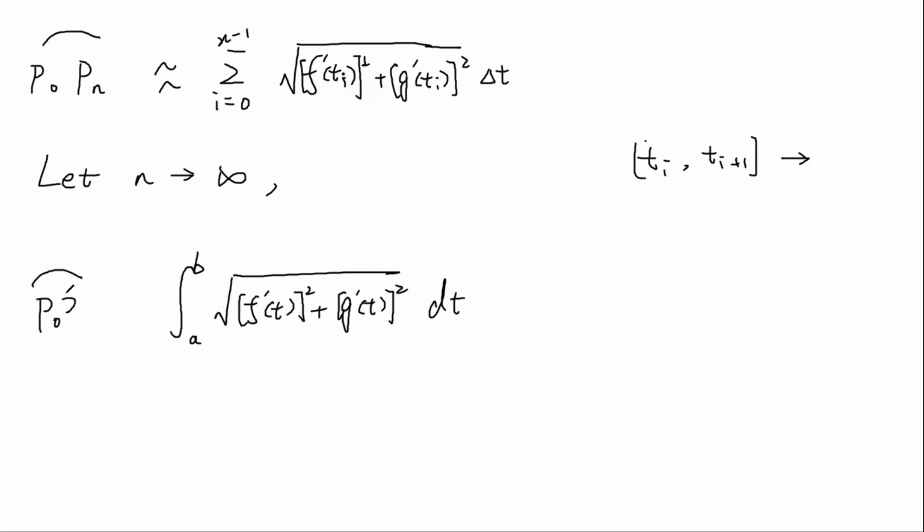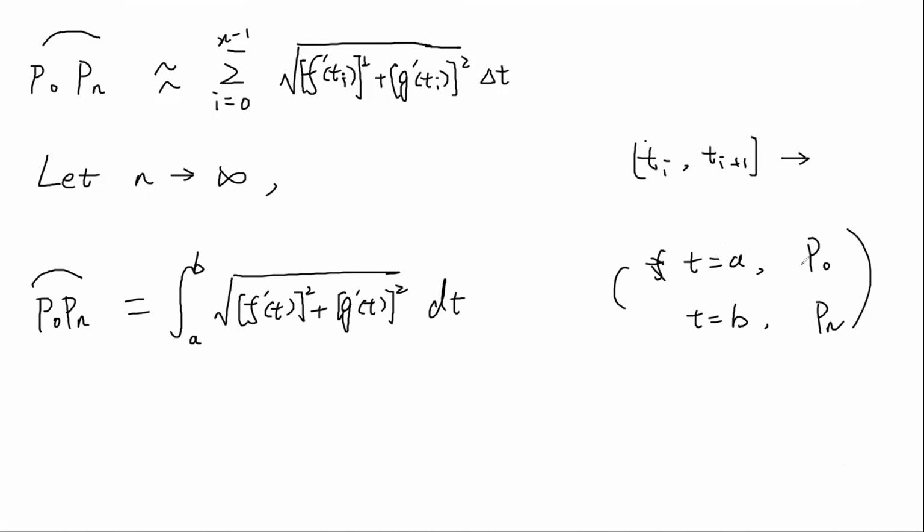And P0 to Pn will be equal to this integral. When t is equal to a, the point is P0. When t is equal to b, the point is Pn.